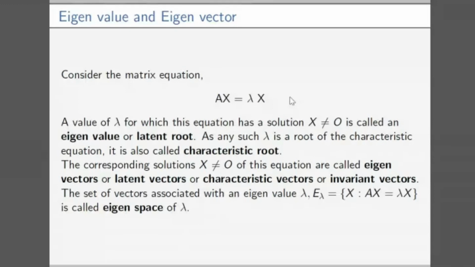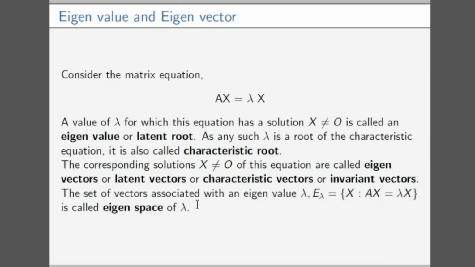So the values of such lambda for which we can find non-trivial solutions are called eigenvalues or latent roots. Usually we use the name eigenvalue or characteristic root. It is called a characteristic root because all those lambdas which satisfy this condition will also be roots of the characteristic equation. And corresponding to each such lambda, I can find non-zero vectors x.